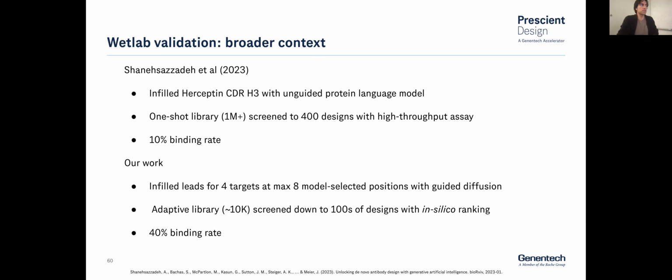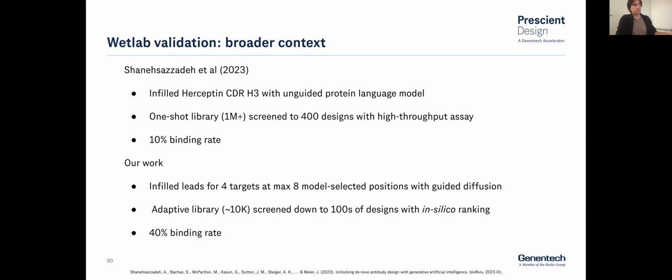They took a very well-known antibody called trastuzumab and did two variants, one where they infilled only CDRH3 and another where they infilled more, I think CDRH1, 2, and 3.